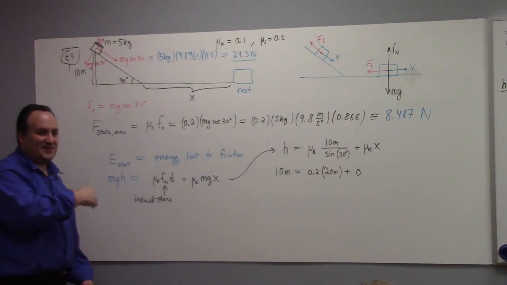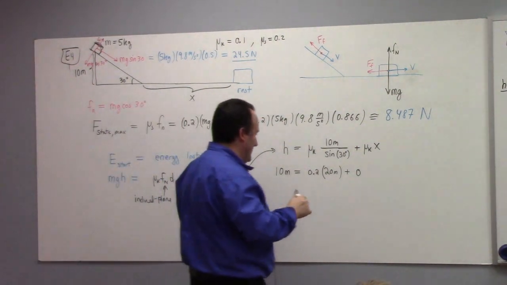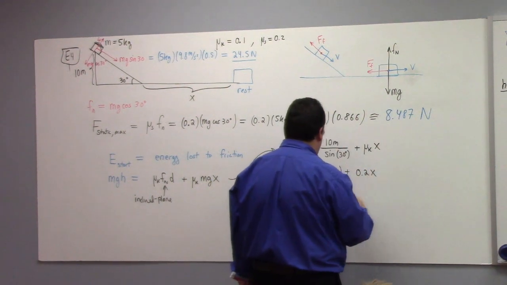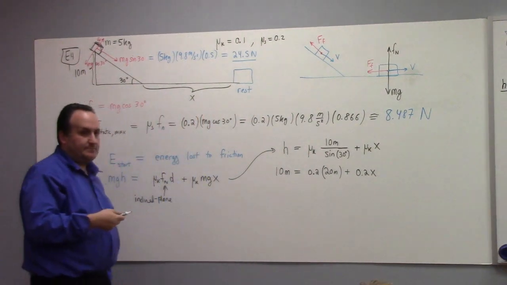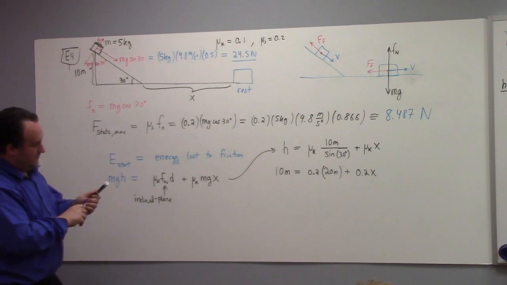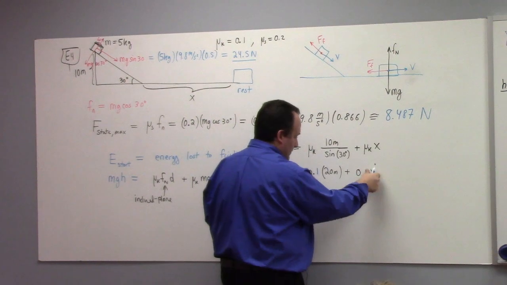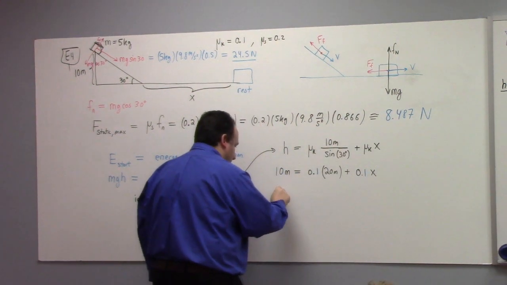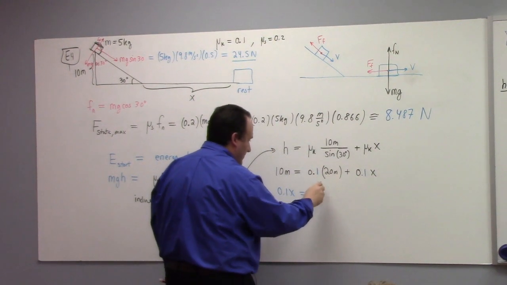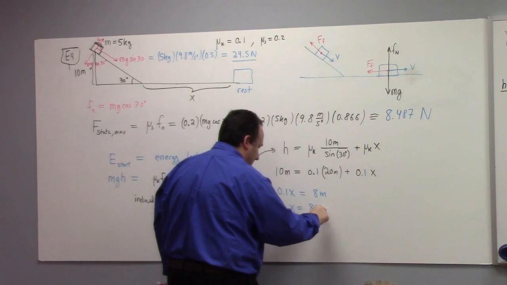If it was 0.5, it would have just got to the bottom and stopped there. Anyway, 0.2x. We can solve for x and find out how far it went. Oh, I'm bad. What was my mu k? It was 0.1, so I have to put 0.1 here. So what does this give us? It gives us 0.1x equals, what's that, 8 meters? So apparently it's going to slide 80 meters.